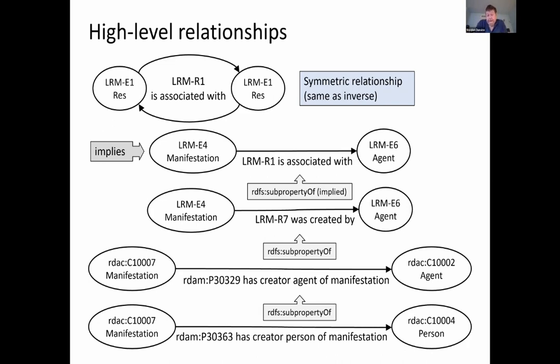It's part of an element hierarchy, and it is explicitly declared in RDA that creator person of manifestation is a subtype of creator agent of manifestation. This is the same cascade mechanism between entity hierarchies that the LRM uses.